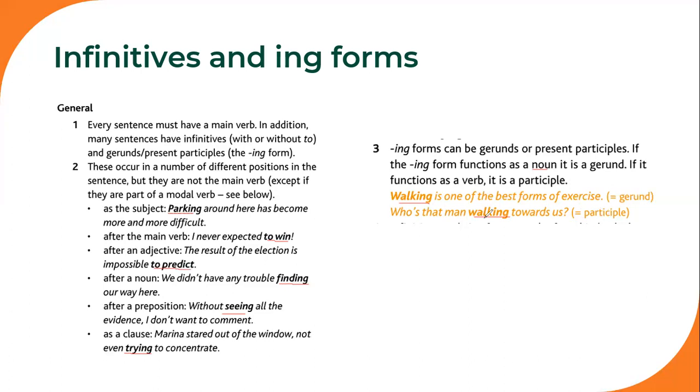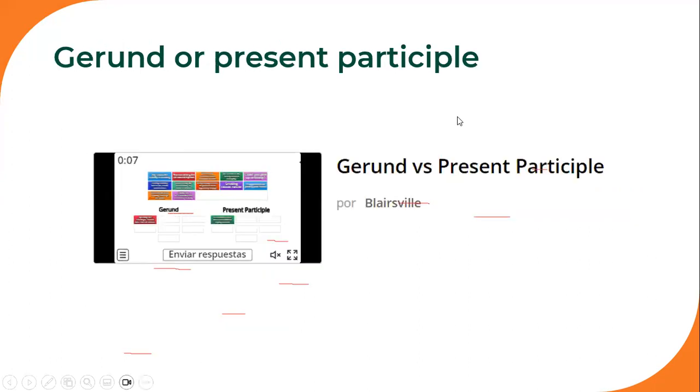This is the verb. The first is a gerund. We usually find it at the beginning of the sentence, like here, parking around here. This is also a gerund, okay? In the other one, who is that man walking towards us? This is a verb, okay? So that is the difference between the two.